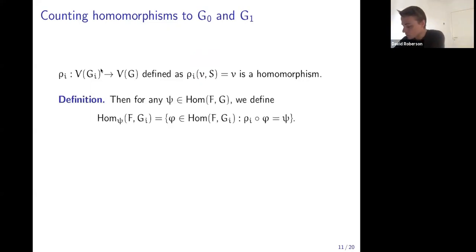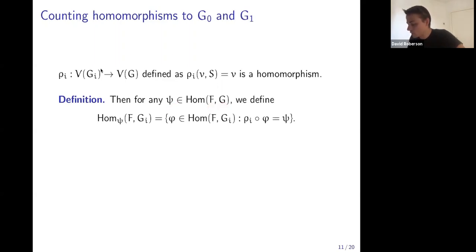Now we want to count homomorphisms from some graph F to G0 and G1. But what we first do is take a homomorphism from F to G. We pick some homomorphism psi.